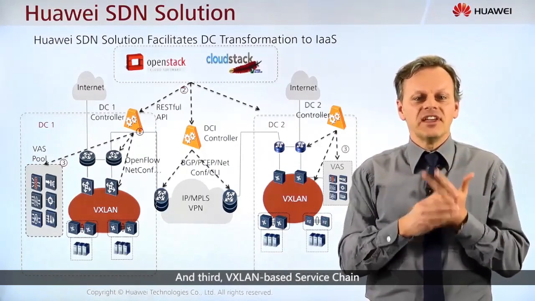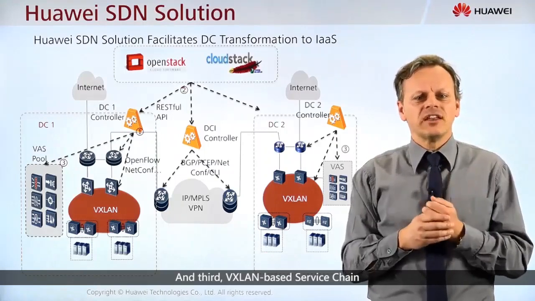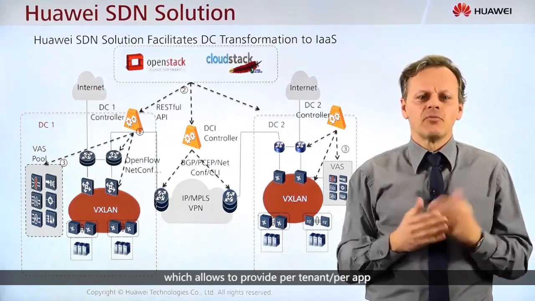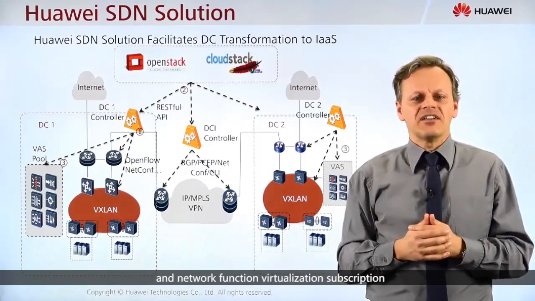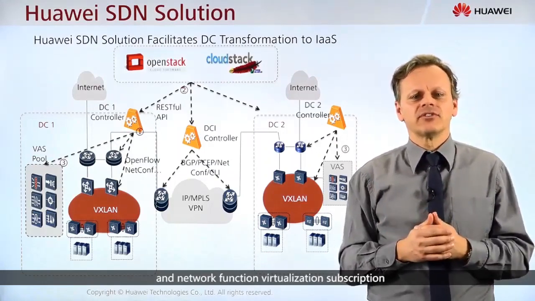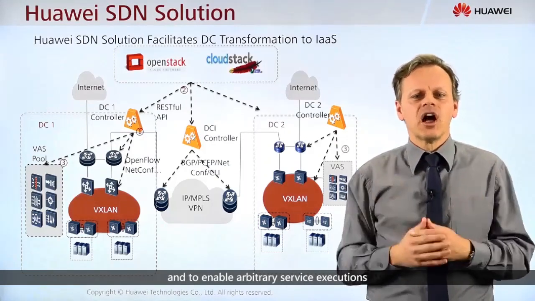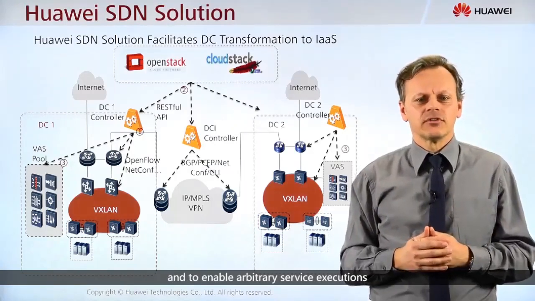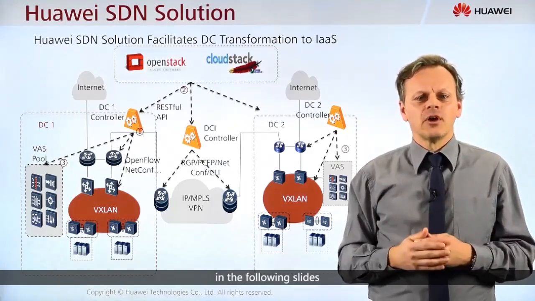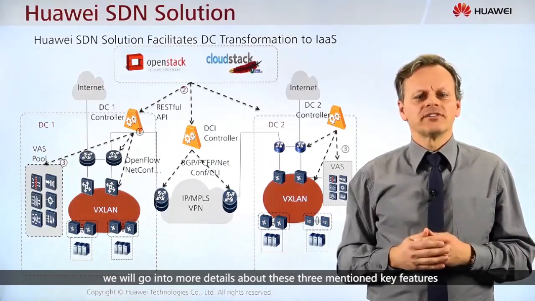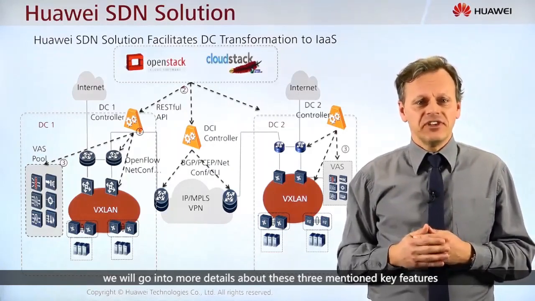And third, VXLAN-based service chain, which allows to provide per tenant, per app, NFV, Network Function Virtualization subscription, and to enable arbitrary service execution. In the following slides, we will go into more details about these three mentioned key features.